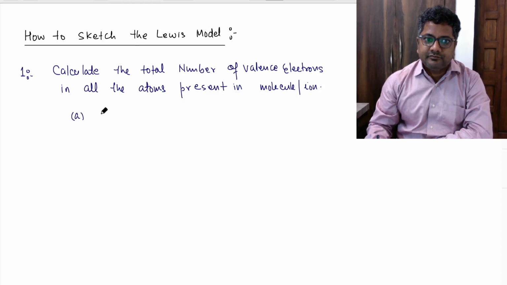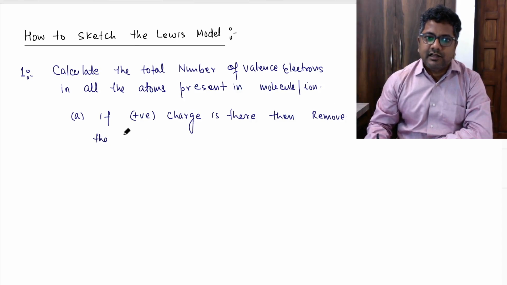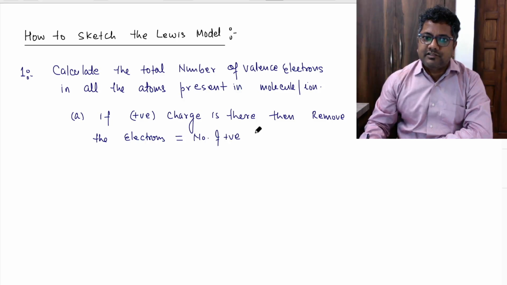If a positive charge is there, then remove the electrons equal to the number of positive charge, right?